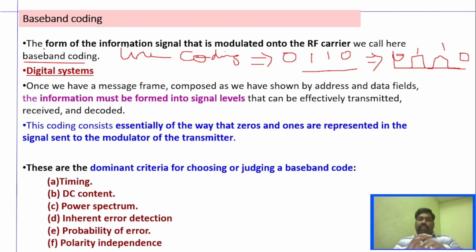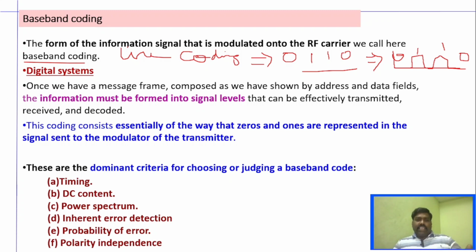Like that, if you take any particular message, you'll have a lot of fields like address fields, data fields, and everything, right? The information which needs to be transmitted, first we have to convert that into a signal level, right? And only if we convert it to a signal level, it can be received and decoded properly, right? And that is why line coding is very important, right?